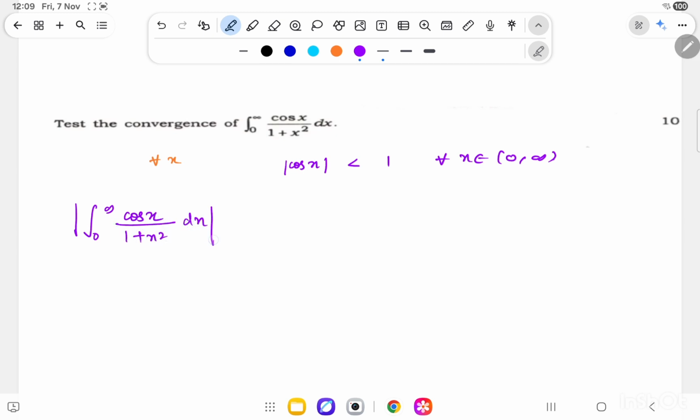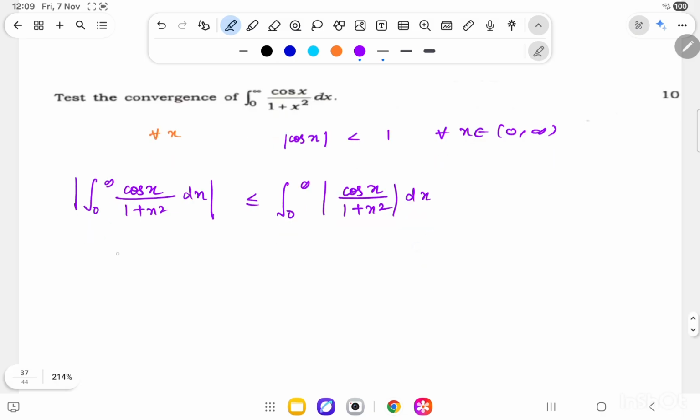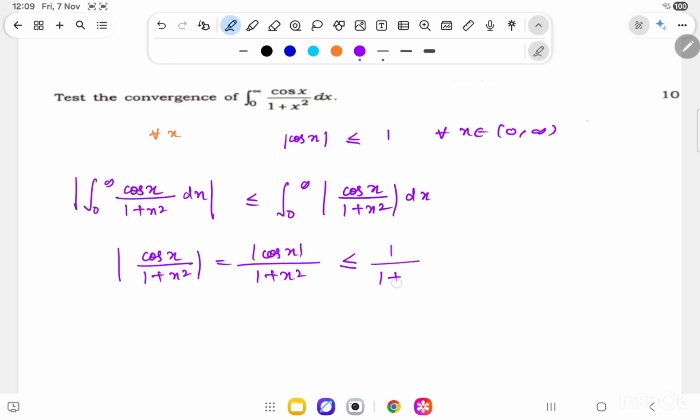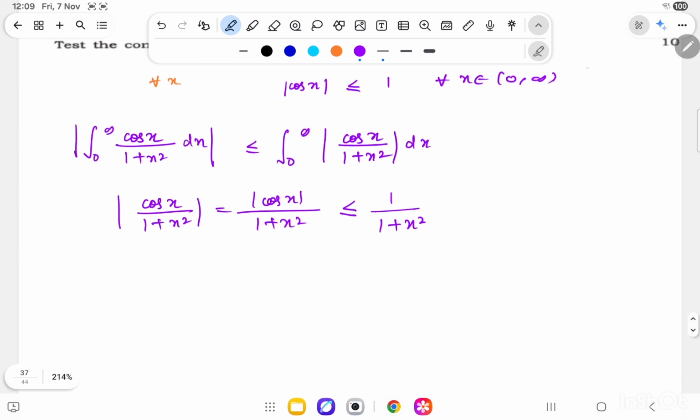So it will be less than or equal to integration 0 to infinity of the absolute value of cos x divided by 1 plus x square dx. Since cos x is less than 1, it is less than or equal to 1 divided by 1 plus x square. Now we can easily use the comparison test.